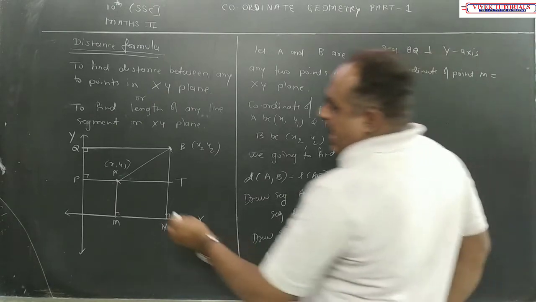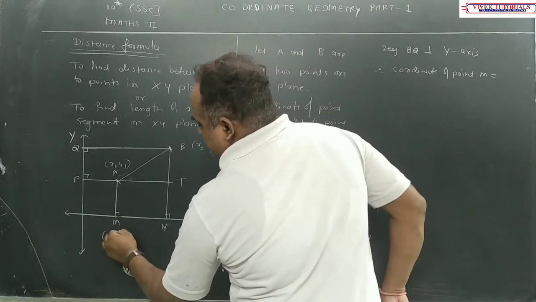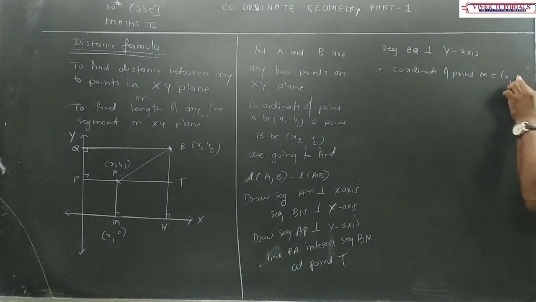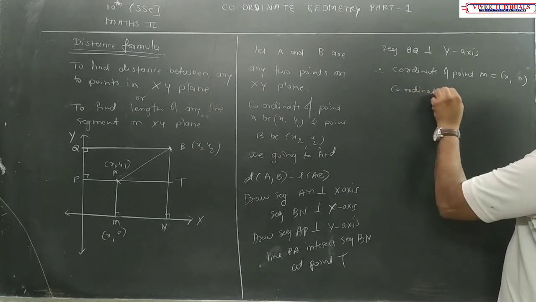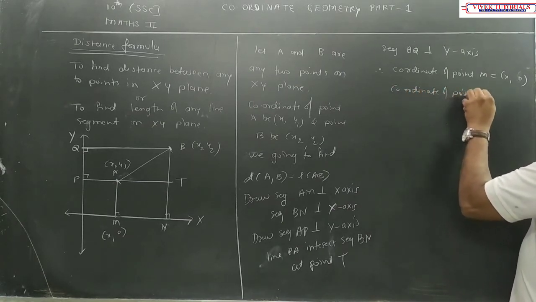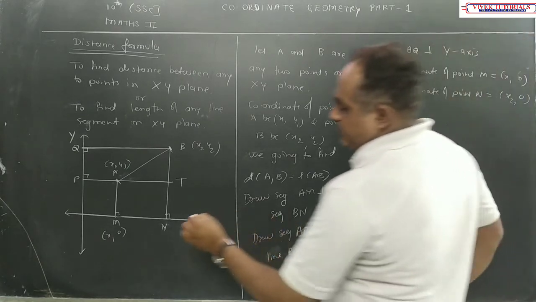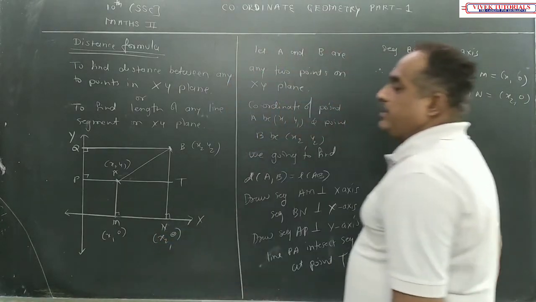Point M will be as it is, since it is x1, x1 will come here, so this will become x1 comma 0. The coordinate of point N is x2 comma 0.